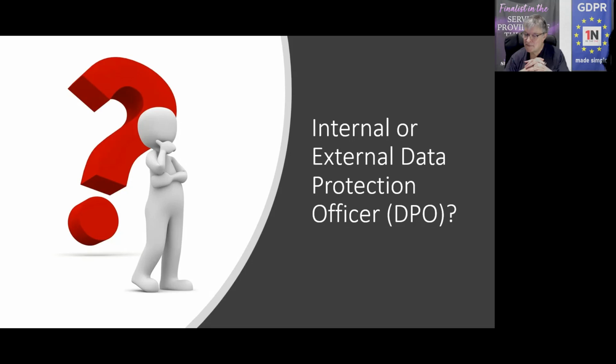The only thing I would say if it is an internal person is that the data protection officer cannot be someone who has a substantial number of shares in the business. Now, what does that mean?